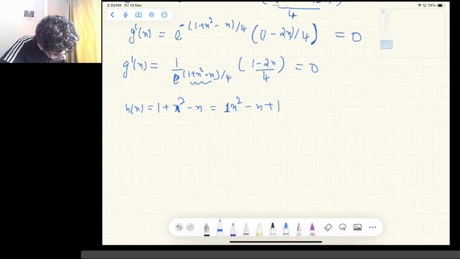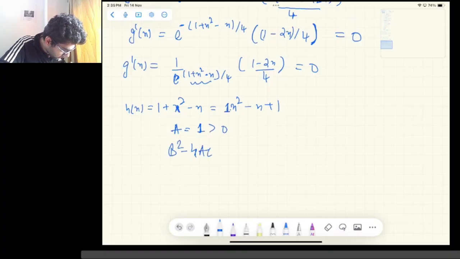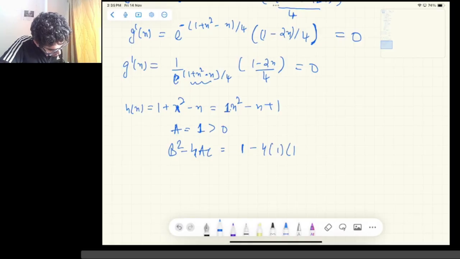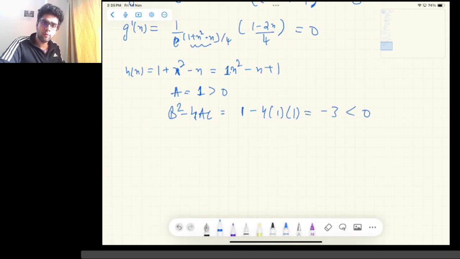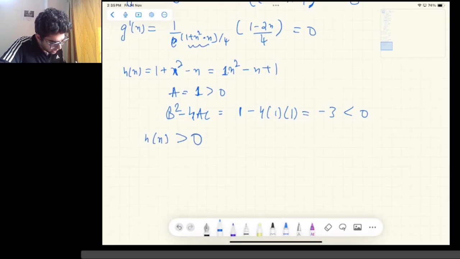So this coefficient with x square is positive, so this coefficient a is positive, and if I just try to find the b square minus 4ac value of this expression, I'll be getting 1 minus 4 into 1 into 1, right? So this will become minus 3 is less than 0. So finding this b square minus 4ac value, the value of the determinant of this expression, shows me that this expression h of x will always be greater than 0.